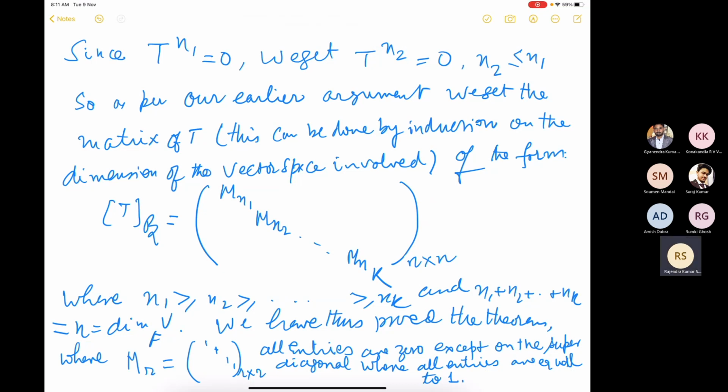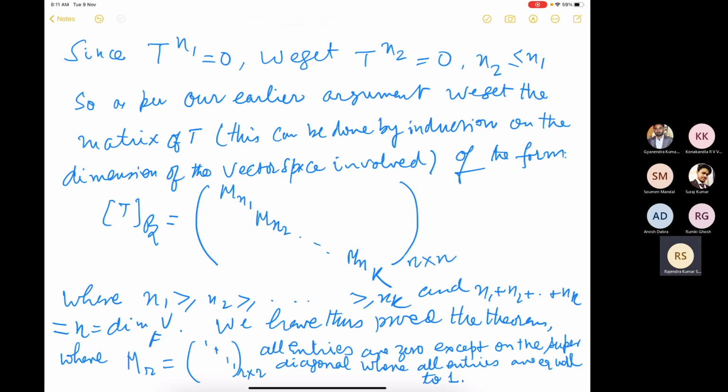Such blocks. Now, here we see that on the diagonal also all the entries are 0. And the super diagonal only contains non-zero entries, and all of these entries are also equal to 1.